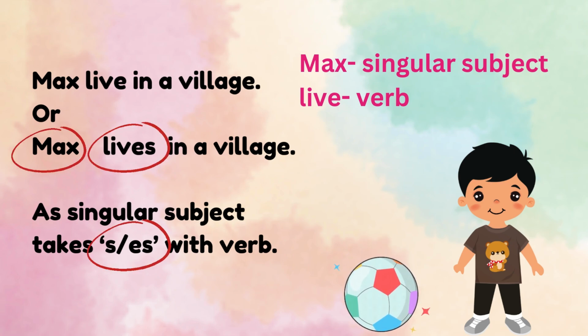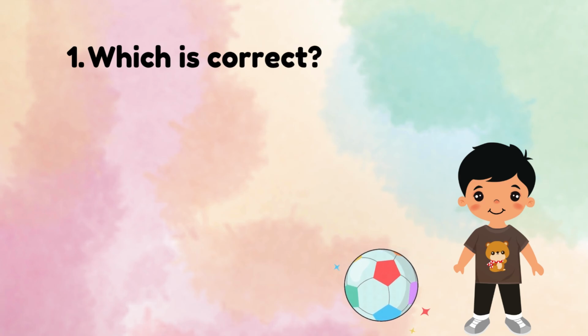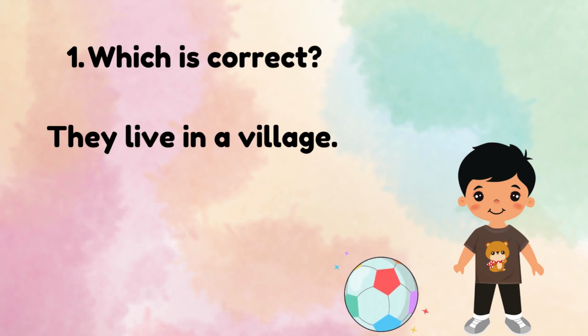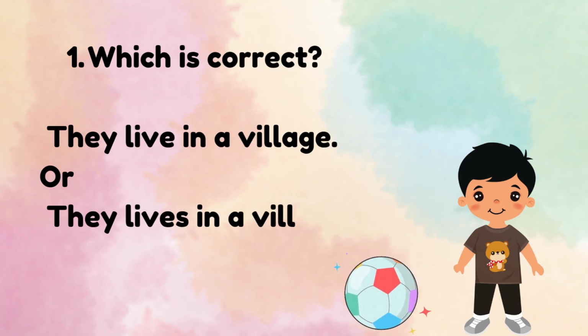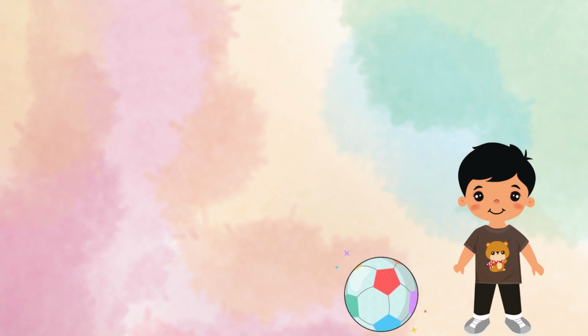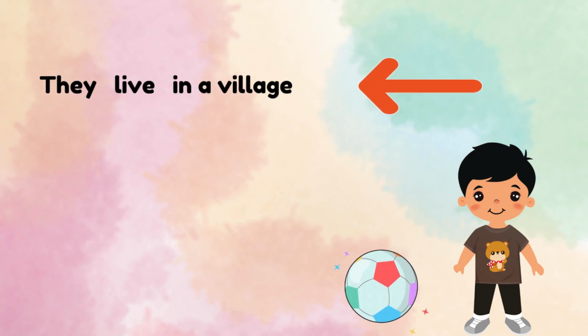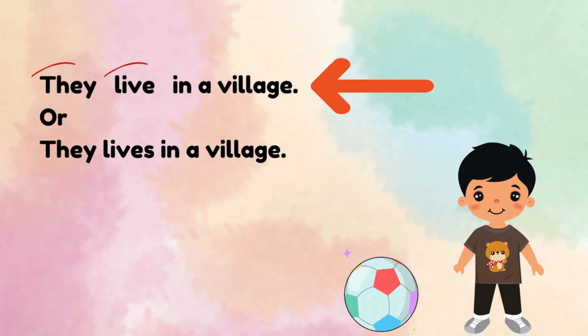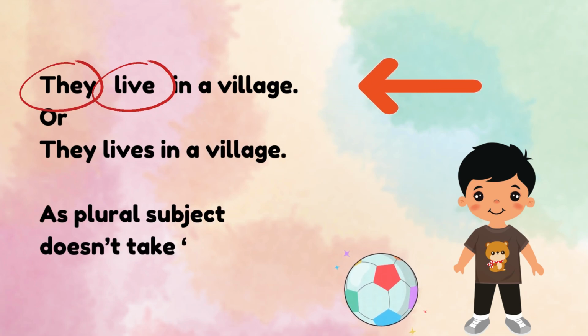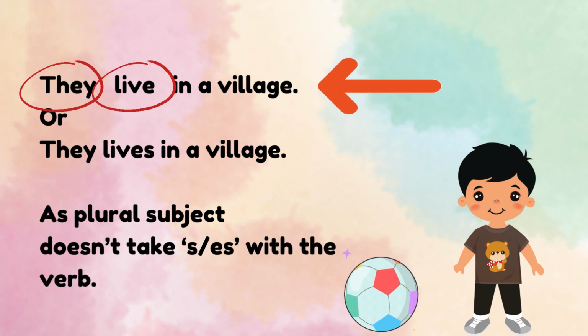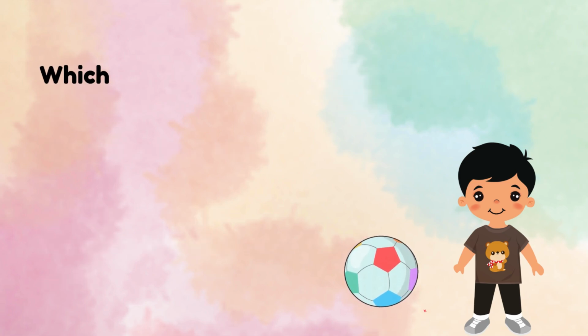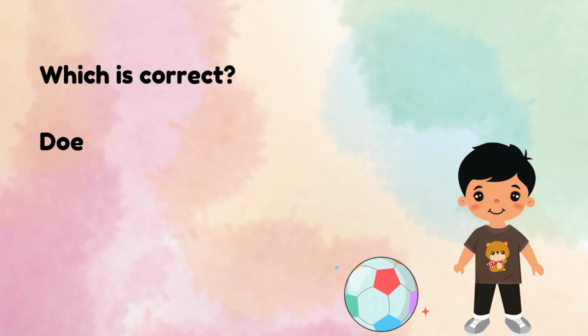Let's come to the next sentence. Which one is correct? They live in a village or they lives in a village? The correct answer is they live in a village, not they lives in a village, because the subject is plural here. Now let's see the third sentence. Which one is correct?